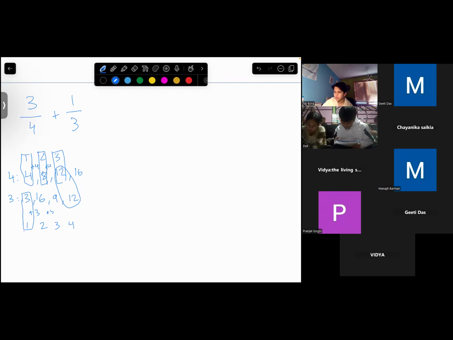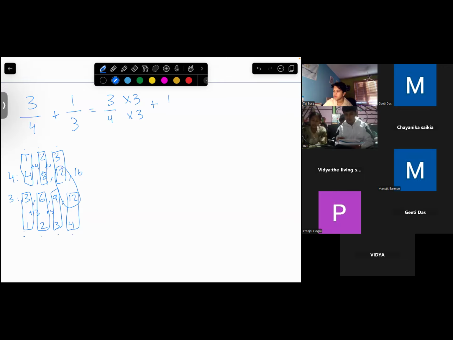The first step, the second step, the third step, and the fourth step. So we need to multiply the 4 by 3 on the top and the bottom, because there are 3 things right here. And then for the 3, we multiply by 4 because there are 4 things right here.